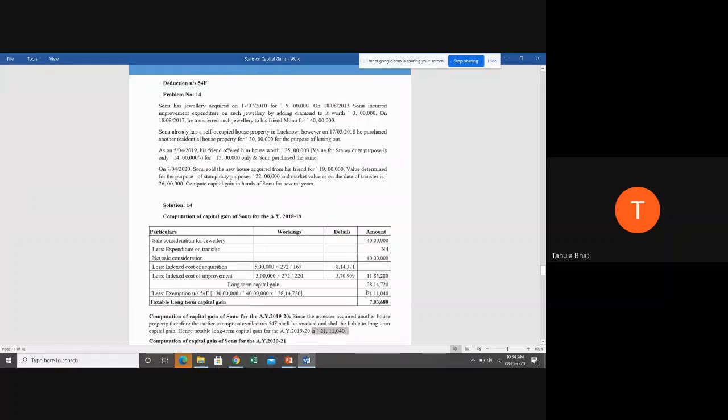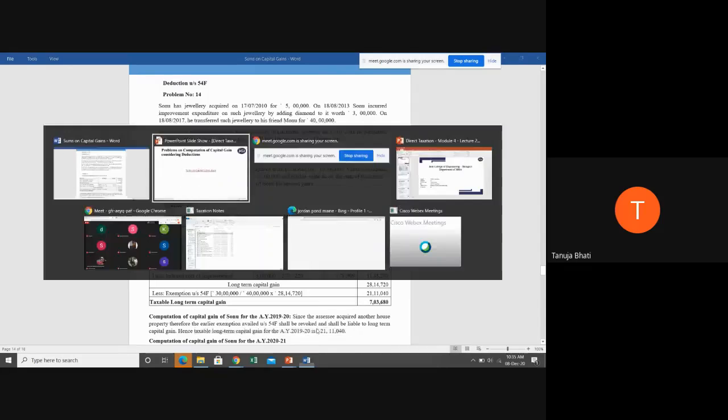See students, we know that the new residential house should not be sold for a period of 3 years, or he should not purchase a new house within a period of 3 years. If he is purchasing or selling it, whatever benefit he got earlier will be revoked and it will be chargeable to tax as long-term capital gain, which we have already seen here.